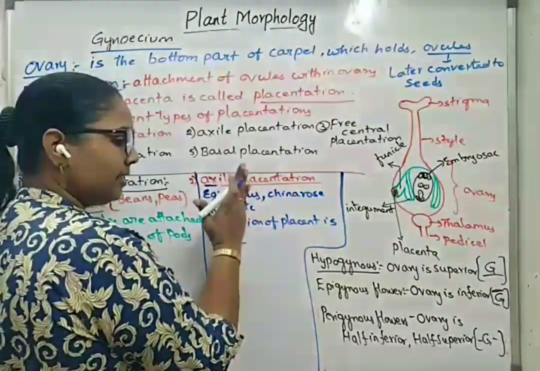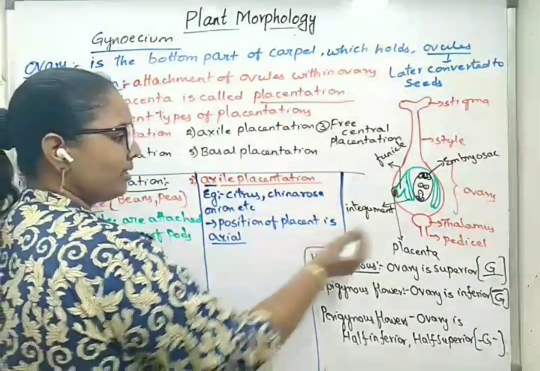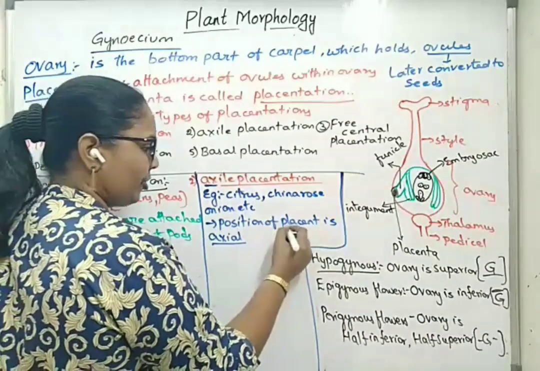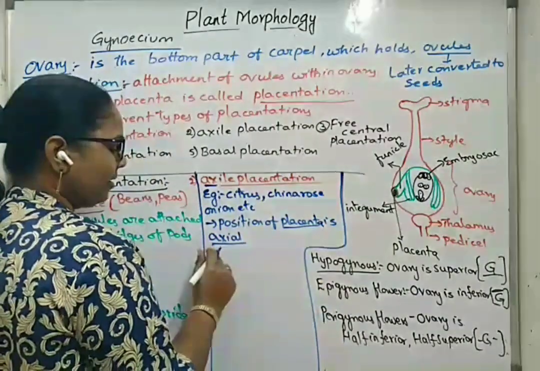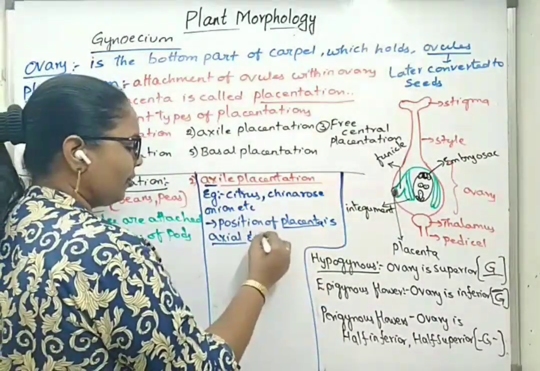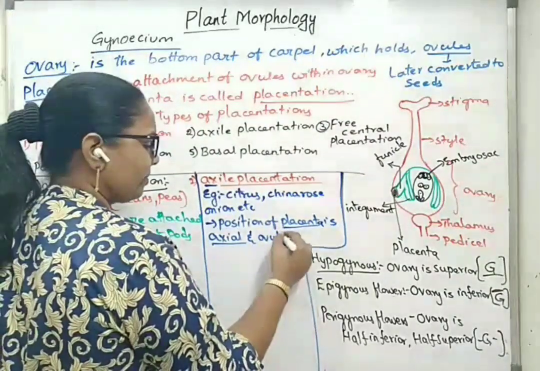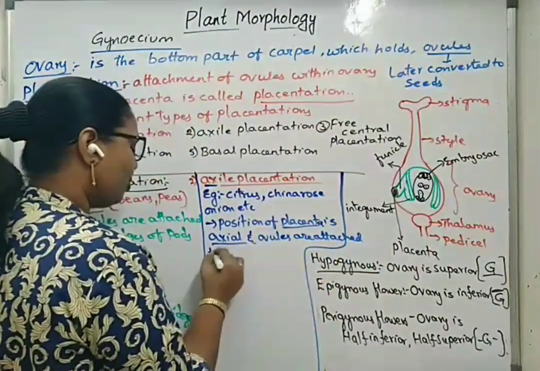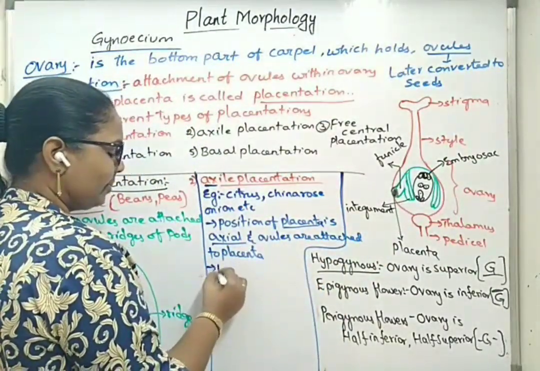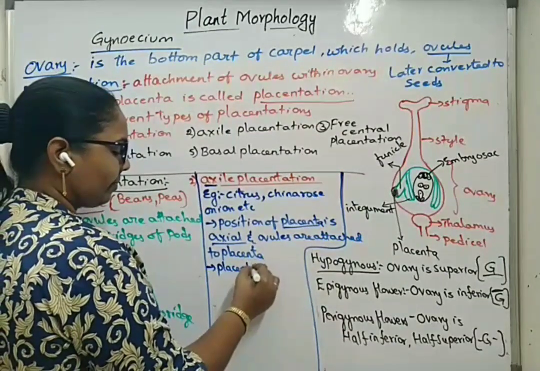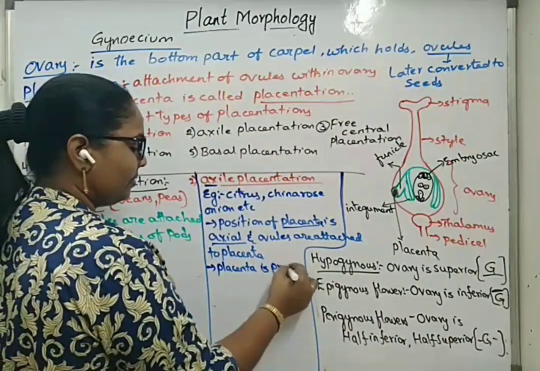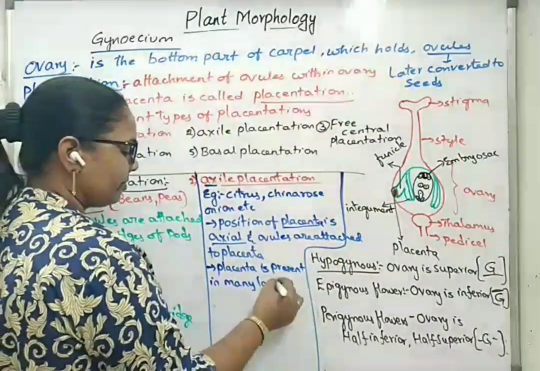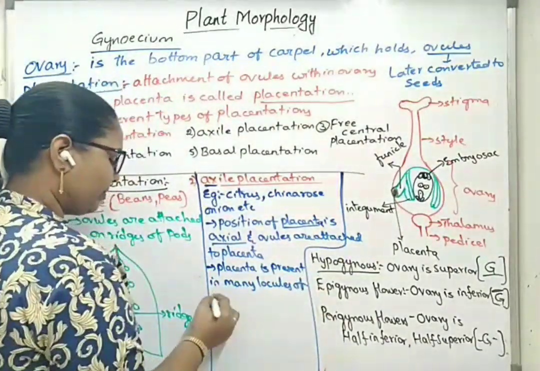Terminal means straight at the end of the branch or at the tip position. Now, axial, position of placenta is axial, and ovules are attached to placenta. Placenta is present in many locules of the same ovary.